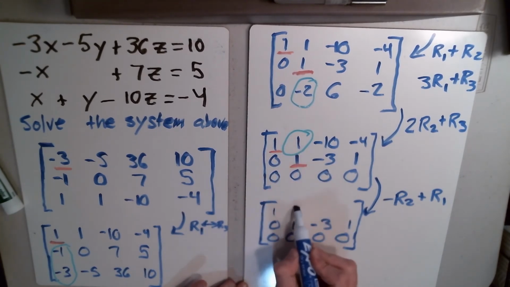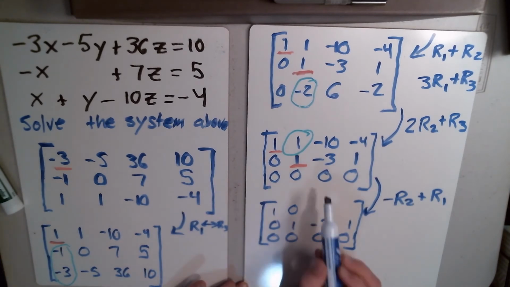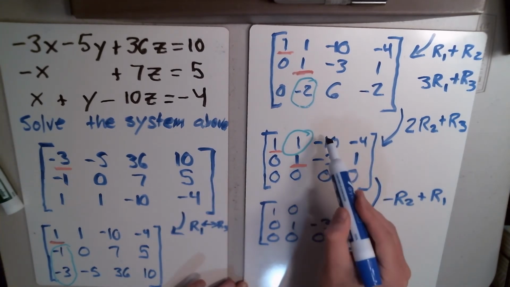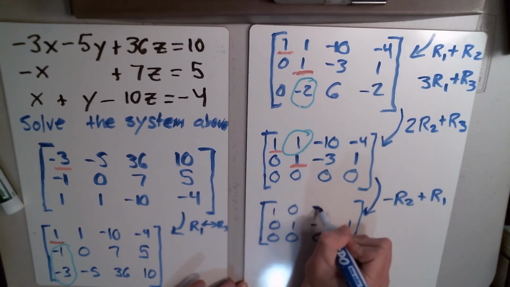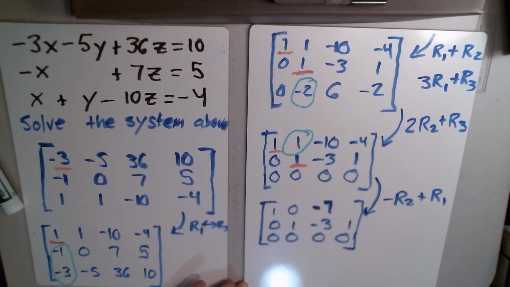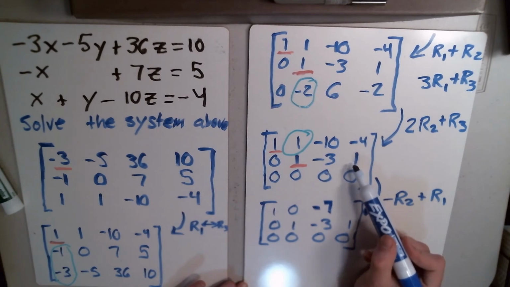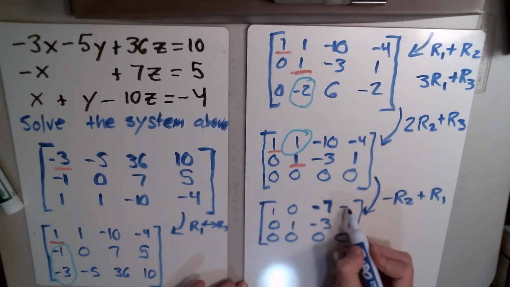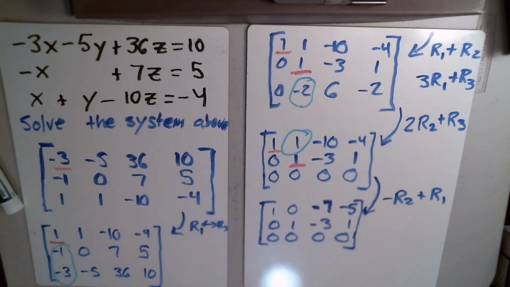Plus 1 is 0. Negative 3, positive 3. Add to negative 10 is negative 7. And then negative 1 plus negative 4 is negative 5. So there we go.